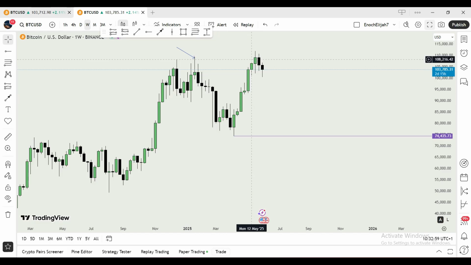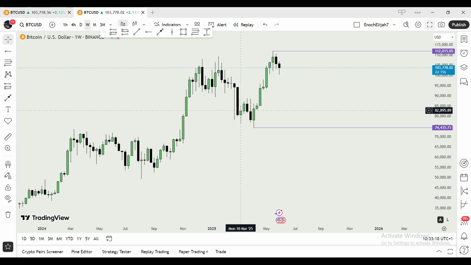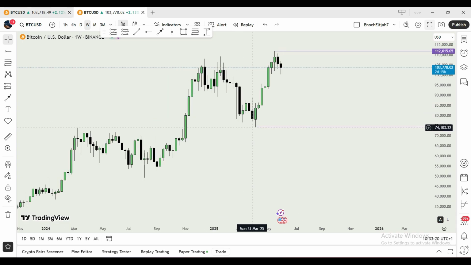When price broke this high here, that is when a new high was formed here. So now we have a new high, and this becomes our low. From here to here is our trending range and it is a bullish range.